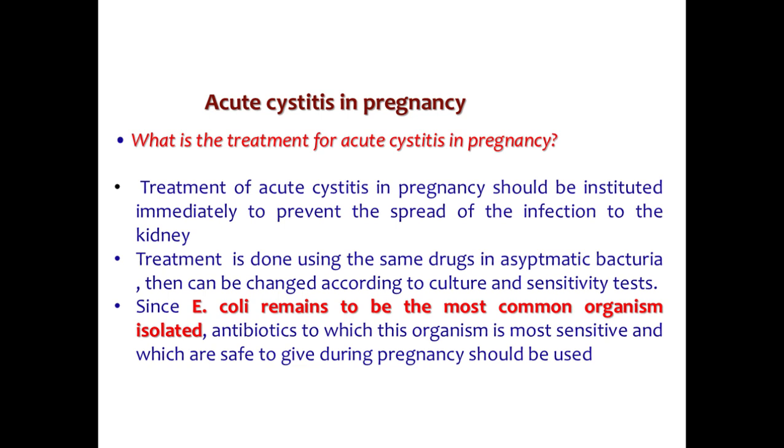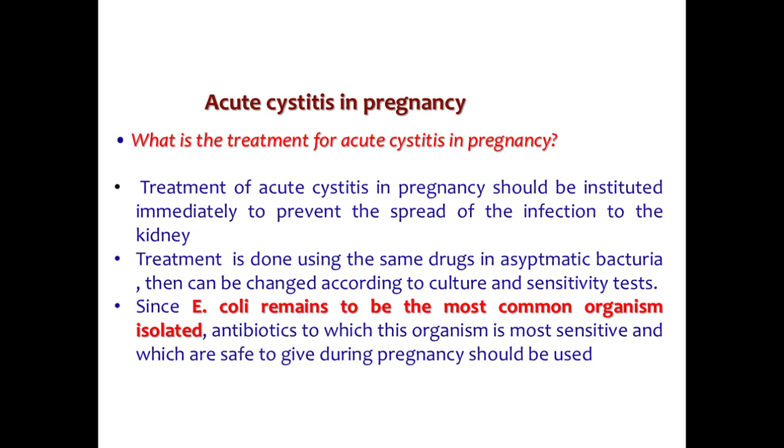What is the treatment of acute cystitis in pregnancy? Treatment is initiated immediately to prevent the spread of infection to the upper urinary tract and prevent the occurrence of pyelonephritis, which is a serious obstetric and general problem.